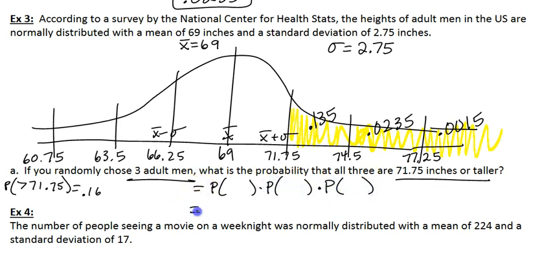If I'm going to pick 3 different men from the crowd, I've got 3 different probabilities for each of them. Or it could be the same probability 3 times, but I mean I've got 3 things I'm multiplying together. So the first man, and assume they're all independent, so every single guy, I've got a 0.16 chance of them being 71.75 inches or taller.